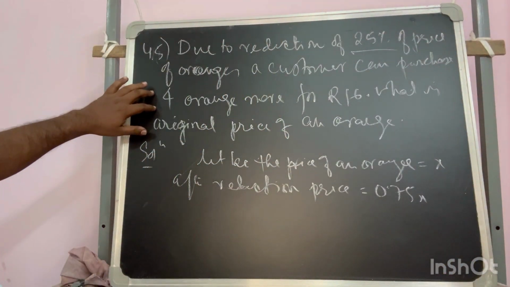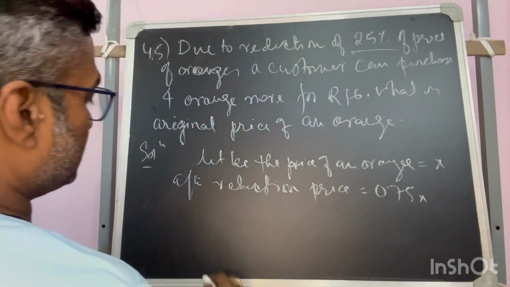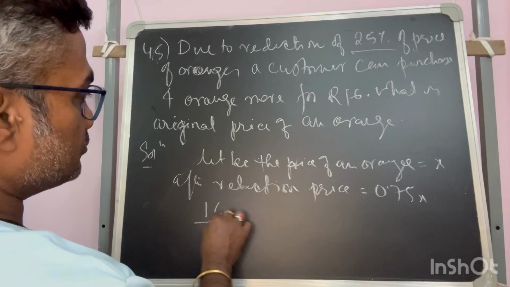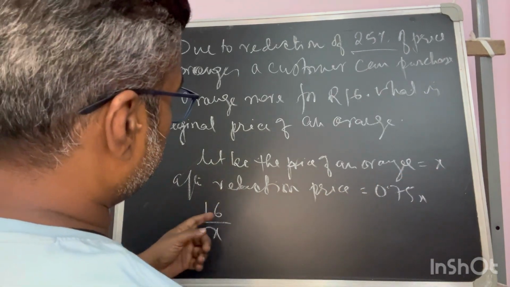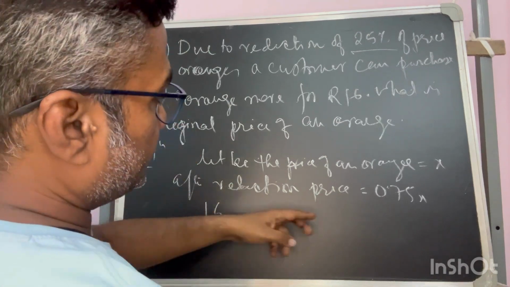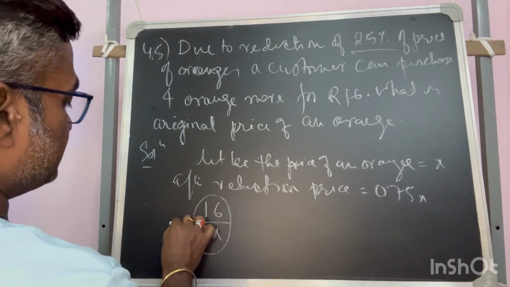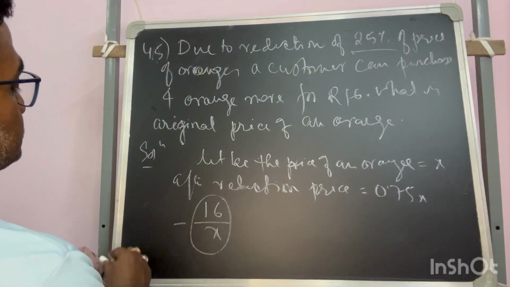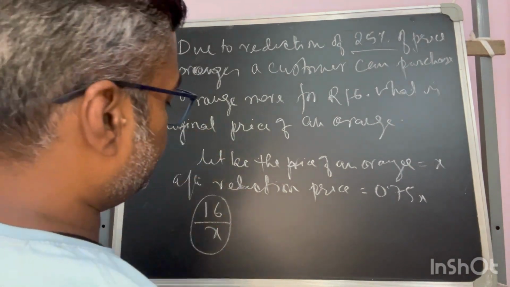So he can purchase 4 more in 16 rupees. Earlier, if it is X rupees per orange, in 16 rupees he used to get 16 by X. Now he is getting more, so this price is reduced. So the earlier price must be more than the recent price.